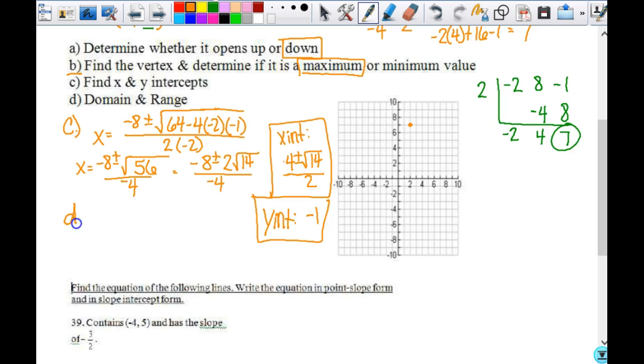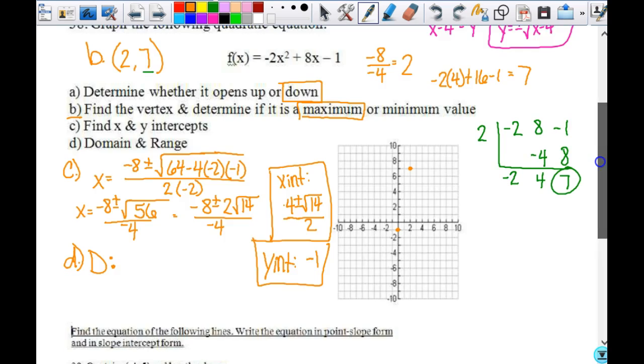Then my domain. Oh, I guess I can finish drawing this. This is here, and then my y-intercept here is at -1. Get a couple other key points.